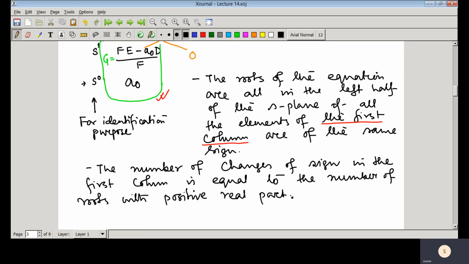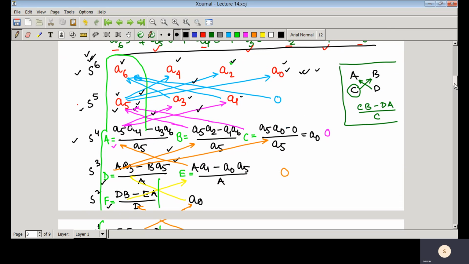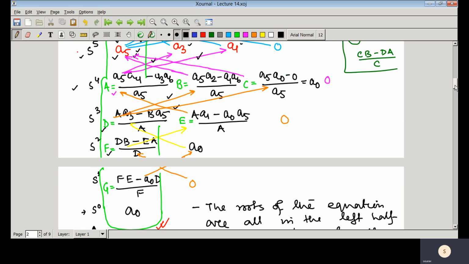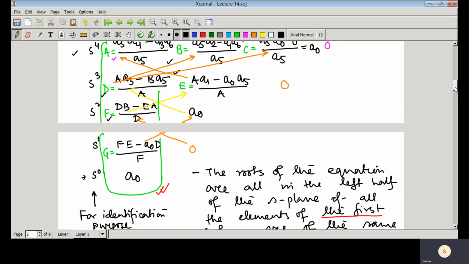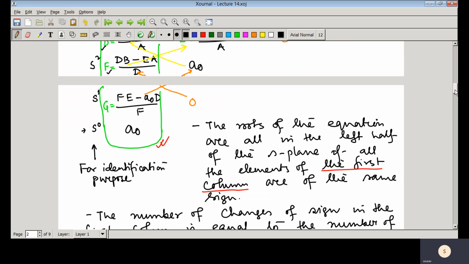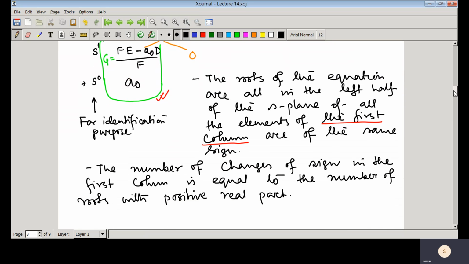That means after forming this Routh table, we first look into the first column, and if we find that suppose n number of sign changes are there, that means n number of roots are in the right half of the S plane.